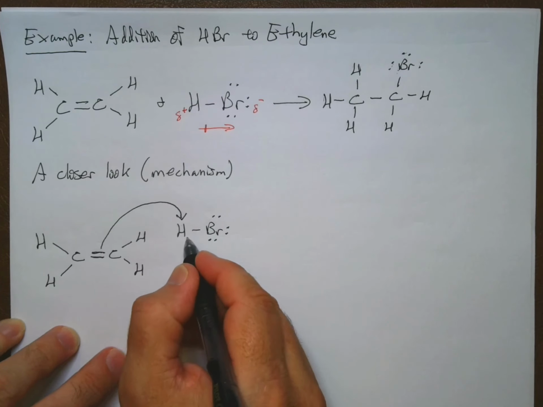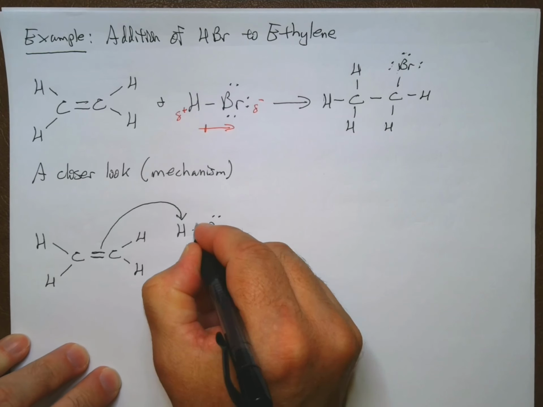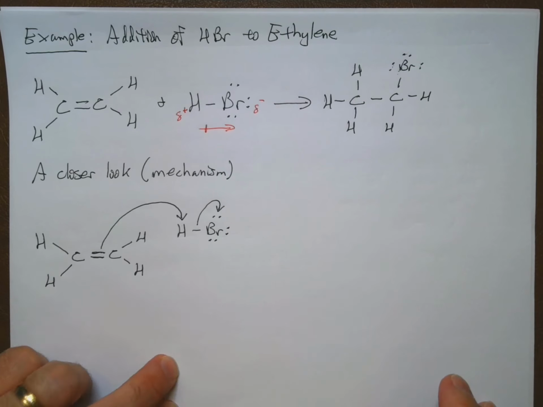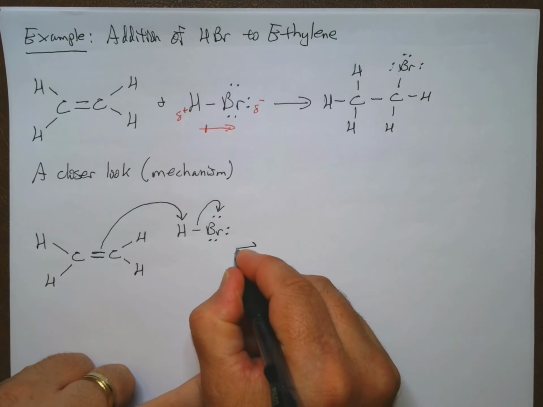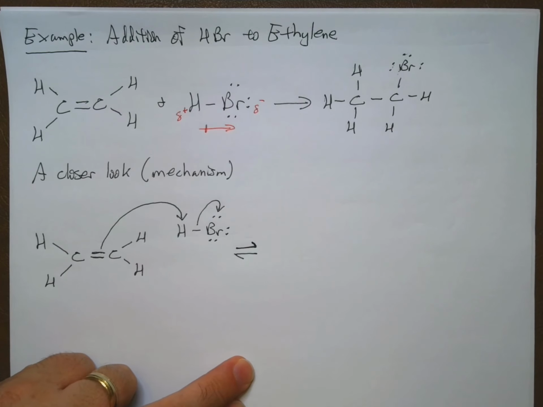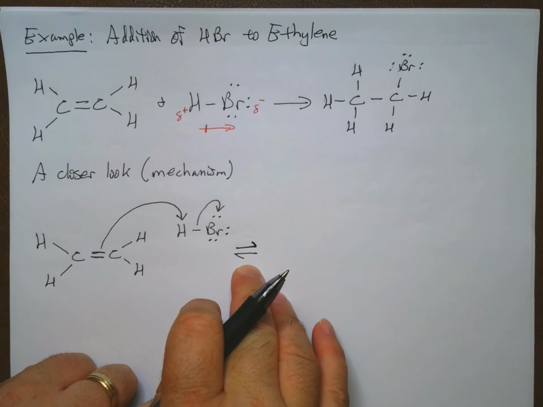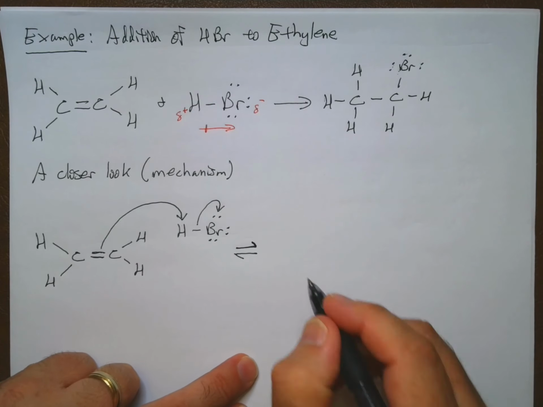Now when that happens, because we can't have two bonds on hydrogen, this bond has to break, and those electrons will go into the more electronegative bromine. Now I tend to draw my mechanism steps with equilibrium arrows, just to show you what's going on.